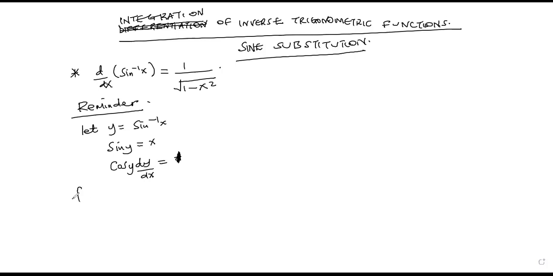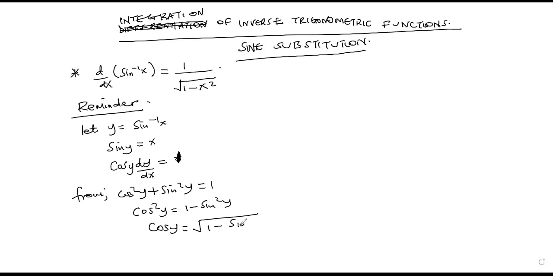But from cos squared y plus sine squared y is equal to 1, we can really see that cos squared y is equal to 1 minus sine squared y, meaning that if we need cos y alone, it is the square root of 1 minus sine squared y, after taking the square root on both sides.